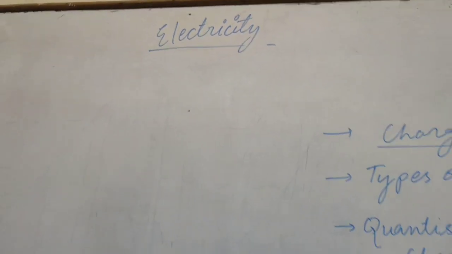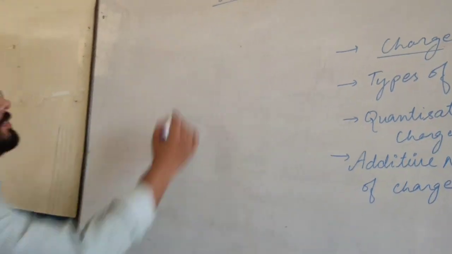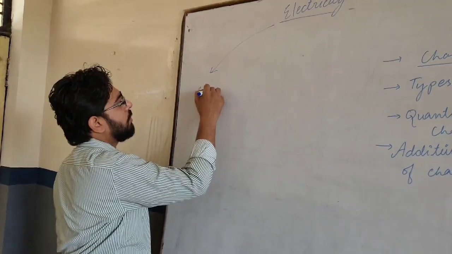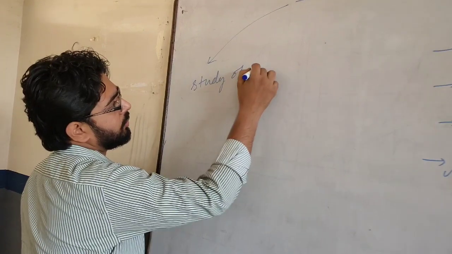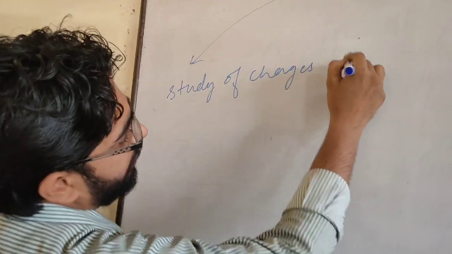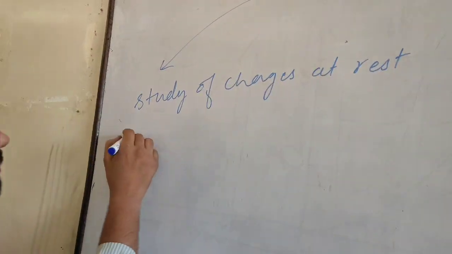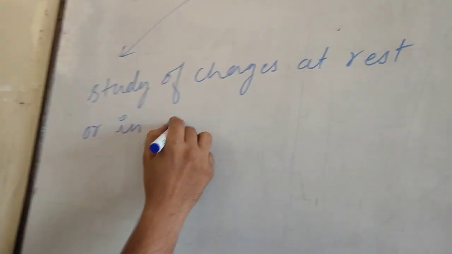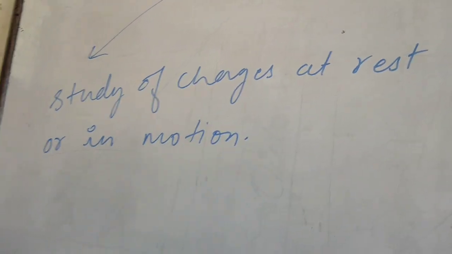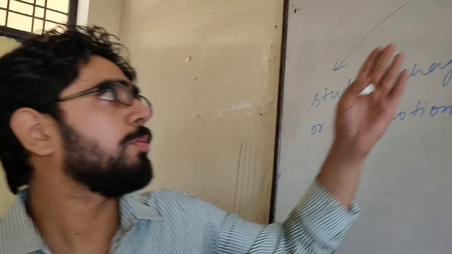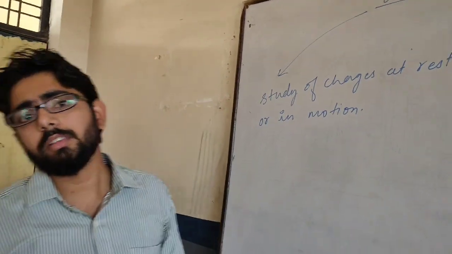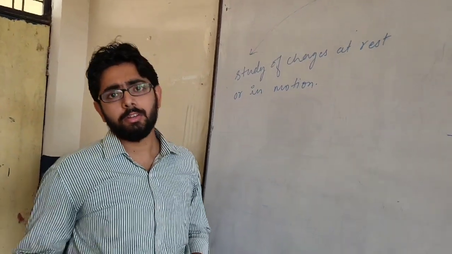So the first question is, what is electricity? It is the study of charges at rest or in motion. Generally there are two branches of electricity. First is electrostatics, another is electrodynamics.